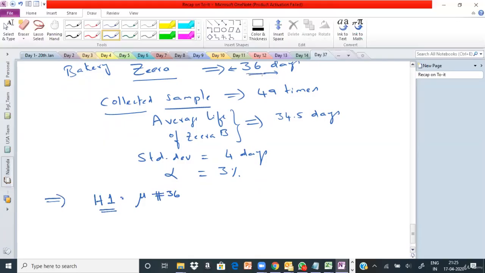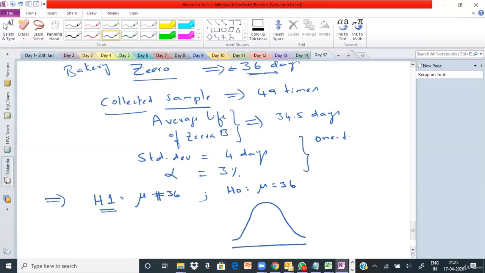This is what it is. So what is obviously my H naught? This becomes 36. That means again it is a two-sided test. When you are using the p-value method, this is called a two-tail test.